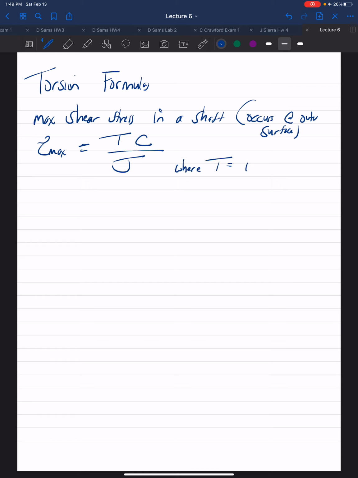T is your internal torque, C is your outer radius, and your J is your polar moment of inertia.